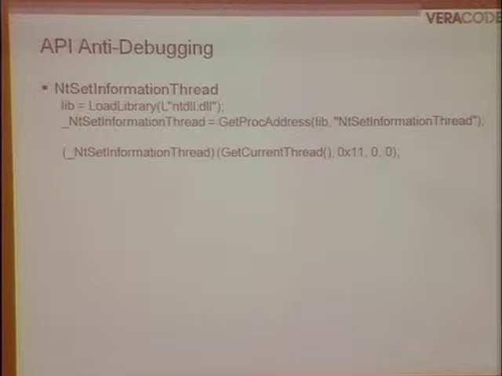The thread information class of 0x11 detaches our current thread from any attached debugger. Just one simple call, bang, debuggers will get detached. Again, we use GetCurrentThread there to tell the call that it's us that we want to target.